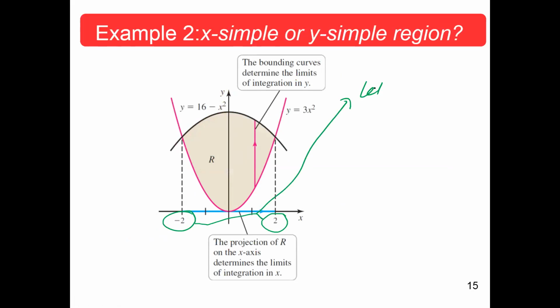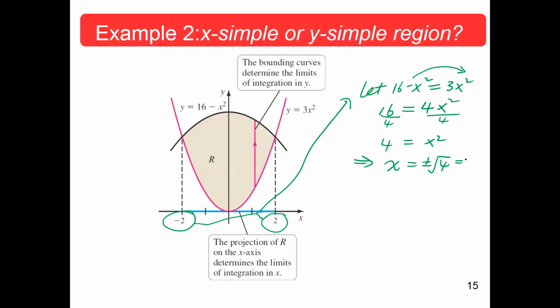So you're going to let 16 minus x squared equal 3x squared, and it's easy to see that if I move the x squared to the other side, I have 16 equals 4x squared. Divide both sides by 4, I have 4 equals x squared. Therefore, x will be plus minus root of 4, which is plus minus 2. That corresponds to this -2 and positive 2.